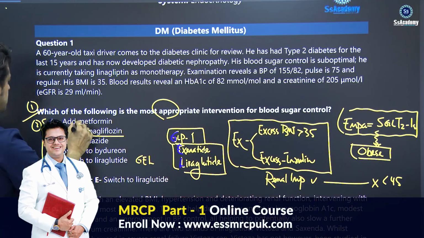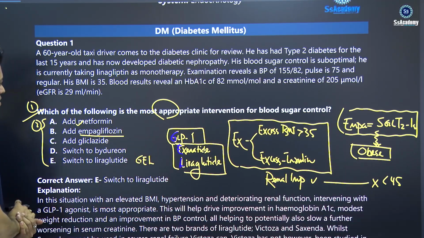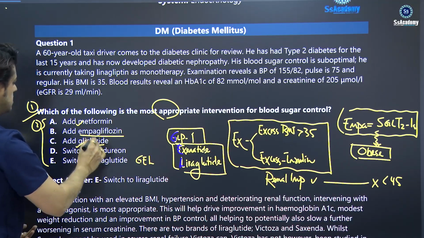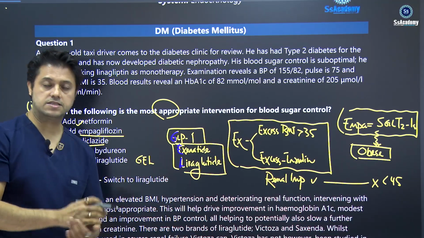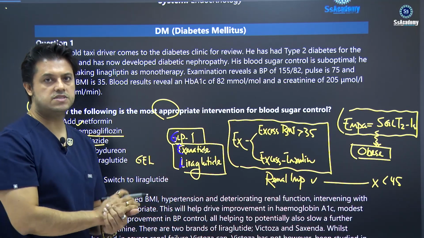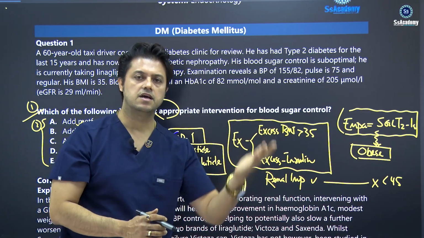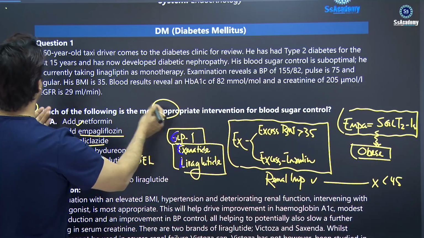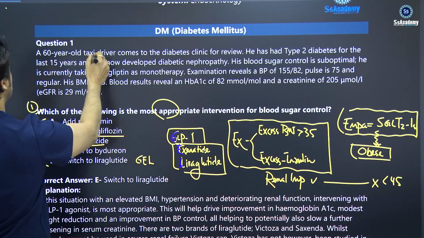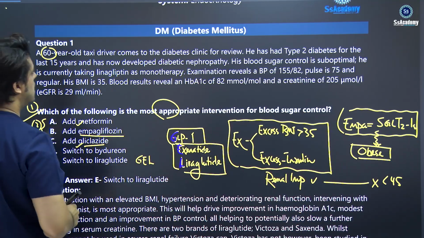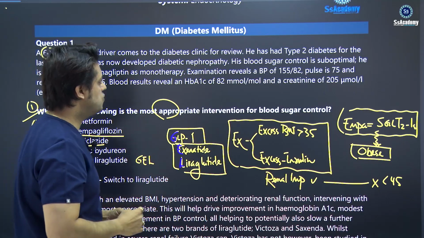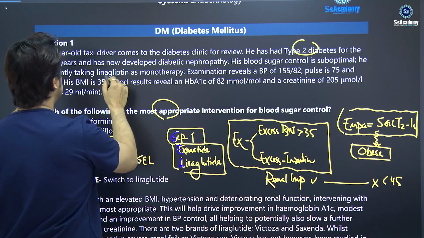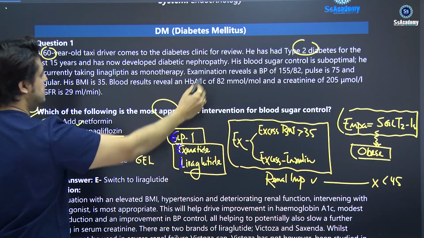And among other drugs, metformin also can be used in the obese with diabetes, and glycoside is a sulfonylurea. It has the 2G effects, means the gain in weight and hypoglycemia. But if you go through the scenario now, a 60-year-old taxi driver comes to the diabetic clinic for review. He has had type 2 diabetes for 15 years and has now developed diabetic nephropathy.